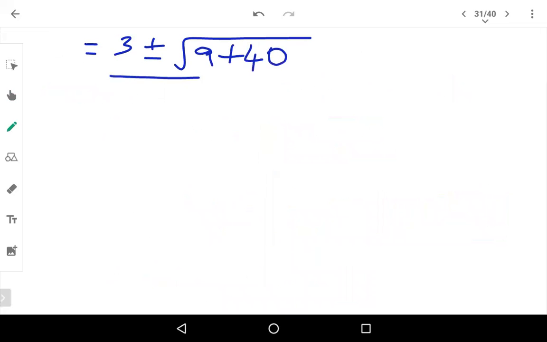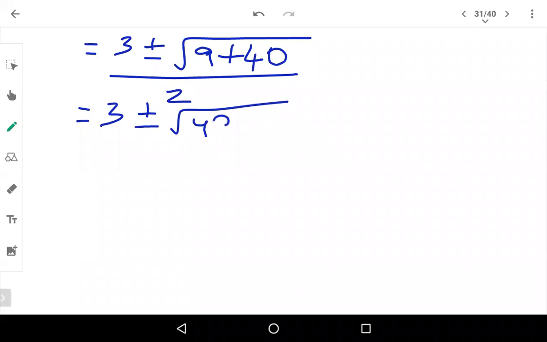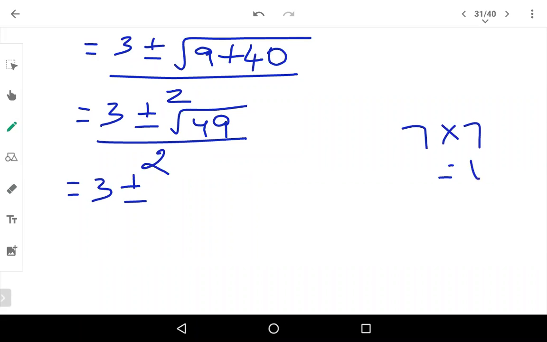So you have 3 plus or minus square root of 9 plus 40, divided by 2. 9 plus 40 is 49, divided by 2. So 3 plus or minus square root of 49. 7 sevens are 49, so square root of 49 is 7, divided by 2.